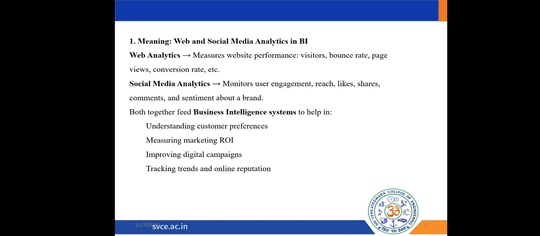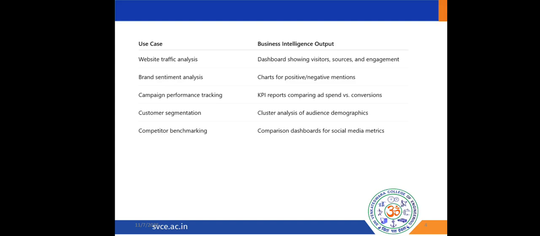Understanding customer preferences, measuring marketing ROI, improving digital campaigns, tracking trends and online reputation. Next, we have some use cases and business intelligence outputs. That is website traffic analysis, dashboards showing visitors, sources and engagement, and brand sentiment analysis, charts for positive or negative mentions.